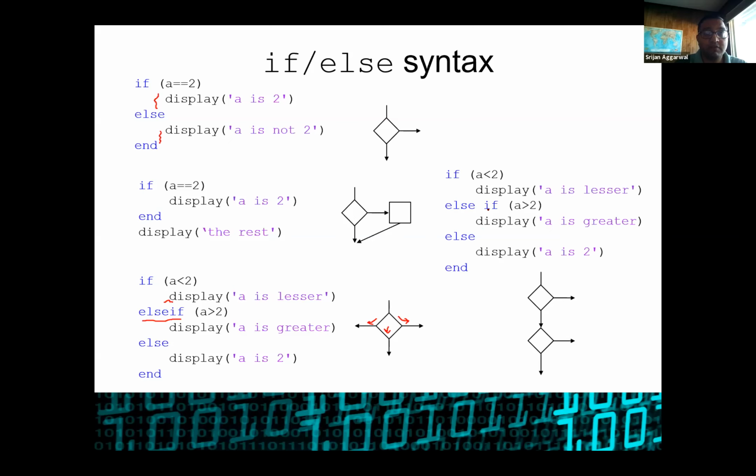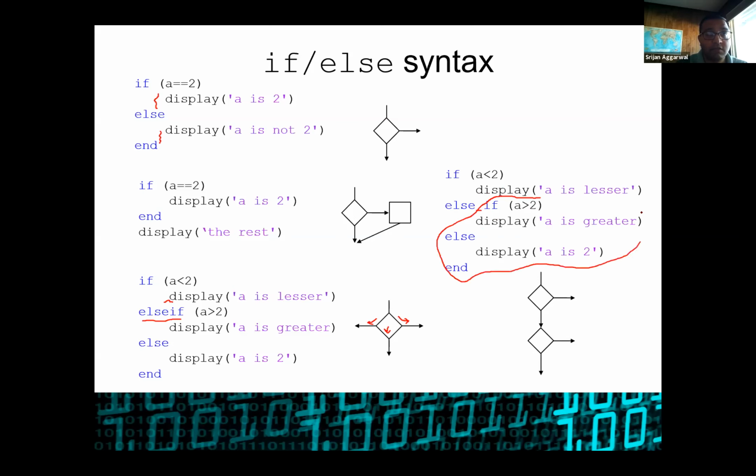Now, if you have this A less than 2, display A is lesser, else if, now notice there's a space here, which won't give me an error, which is okay. But now what it's doing is going into a whole separate if loop here.